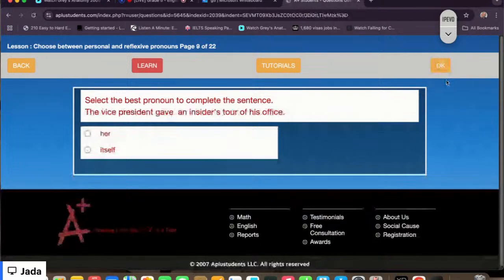The vice president gave Dash an insider's tour of his office. So her or itself.